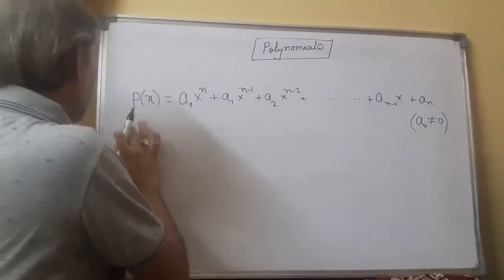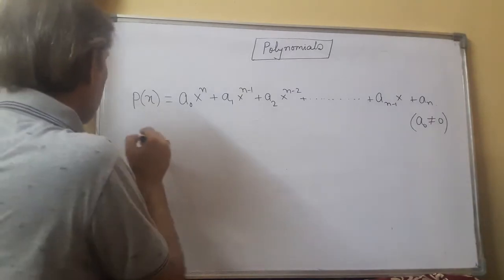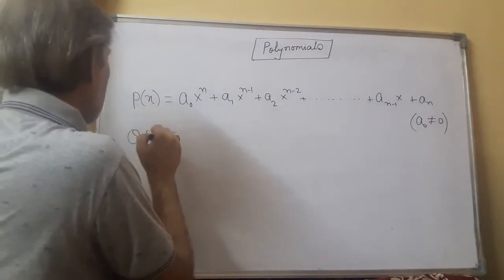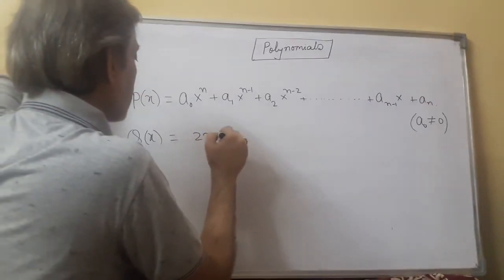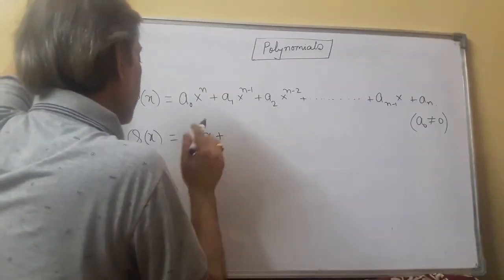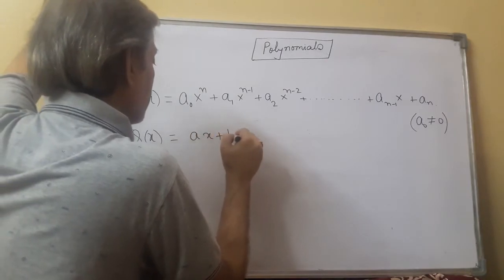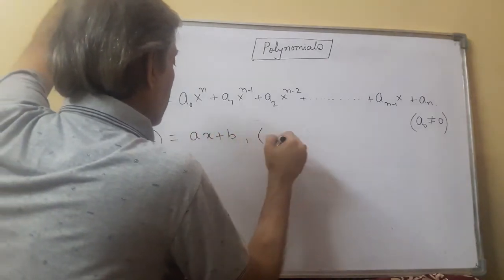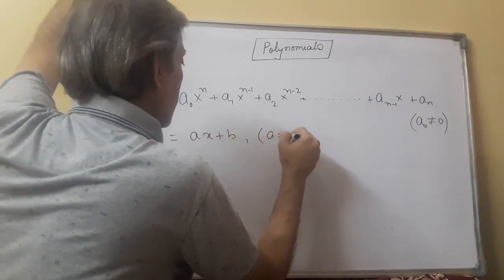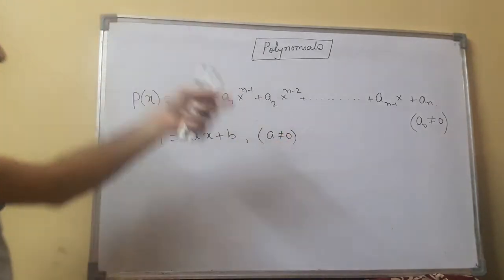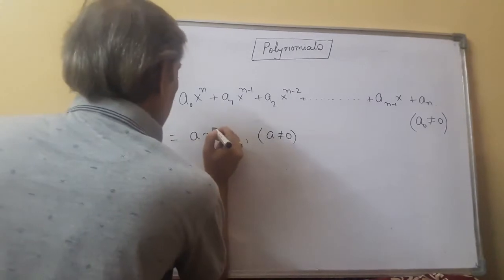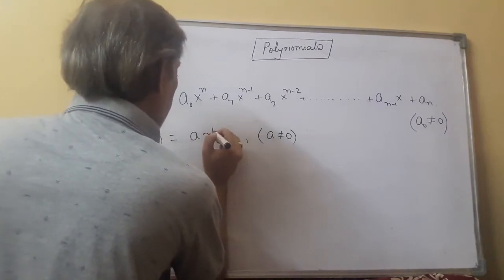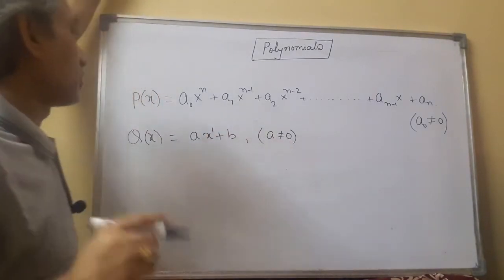How will it look? You can give it a new name, q(x). Let's say 2x plus, in general we can write it as ax plus b. a should not be equal to 0. a and b are constants and a is not equal to 0. It is the form of a linear polynomial. Linear simply means the highest power of x should be 1.